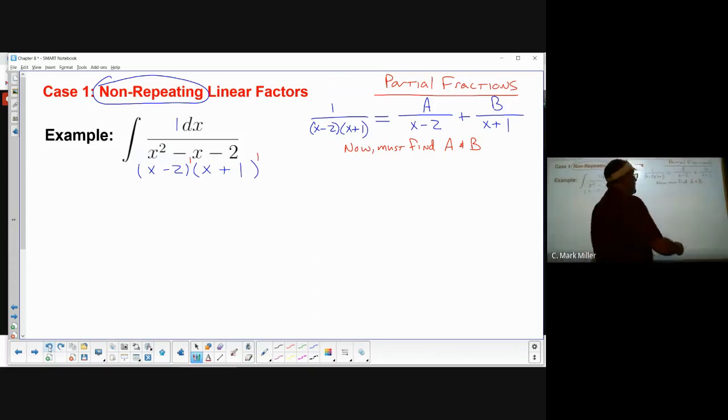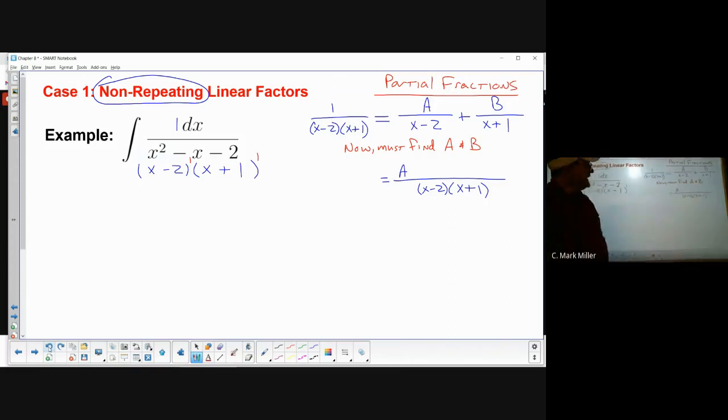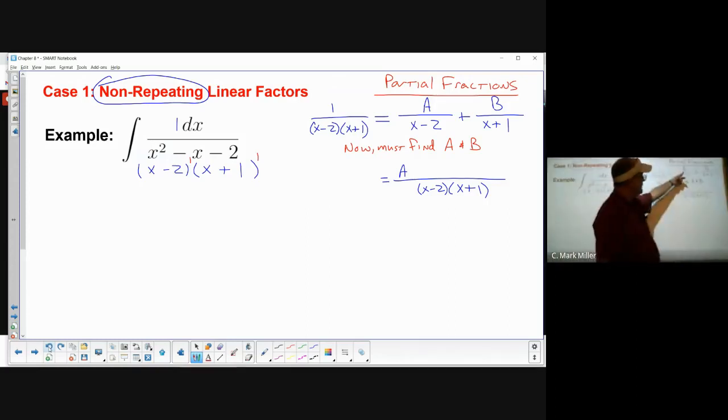What would I get if I added these two? I would get A. Now, this first term, our common denominator is going to be x minus 2, x plus 1. So to get that common denominator on the first term, I got to multiply top and bottom by x plus 1.